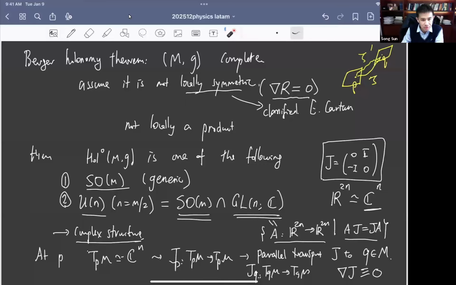So let's first finish the statement of the Berger holonomy theorem from last lecture. Assume a Riemannian manifold is complete, m-dimensional, and assume it's not locally symmetric and not a product.